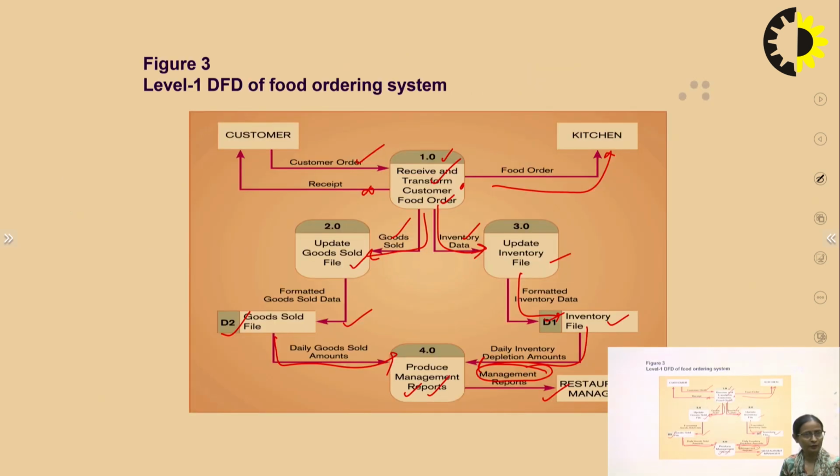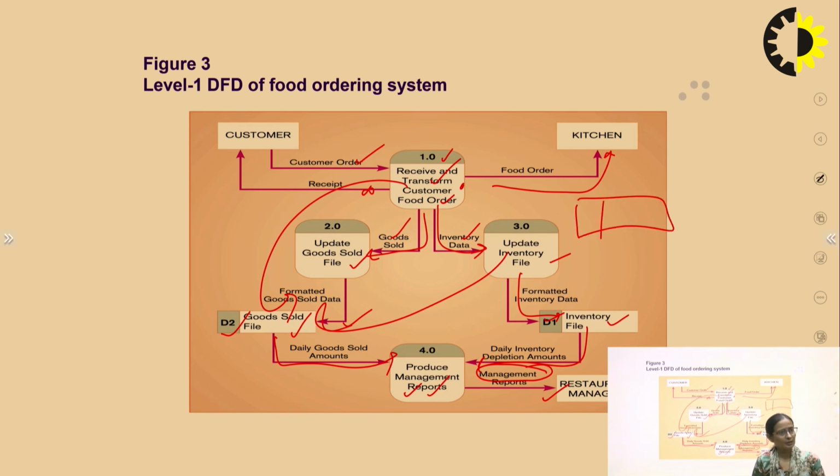That is what this says. For example, this is my data store, and this is also interacting, this is also interacting. So multiple flows are coming to the same data store. To avoid the clutter, you can show D2 at two different places in the same DFD.